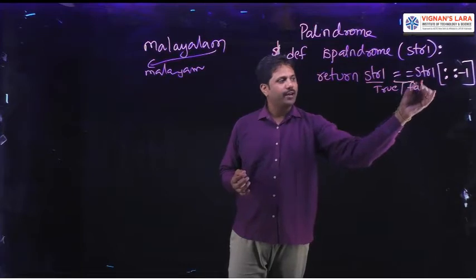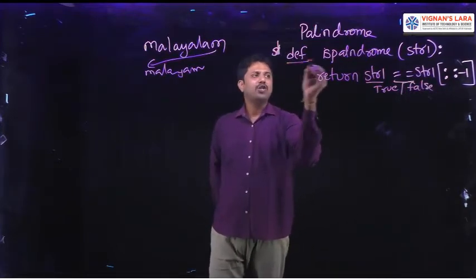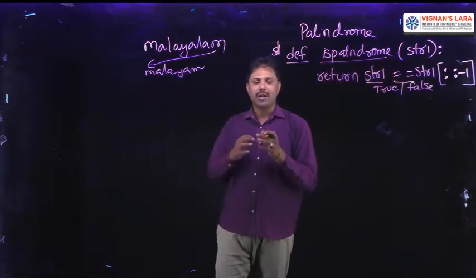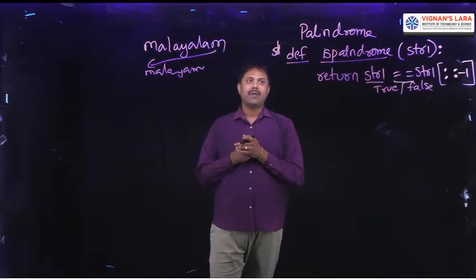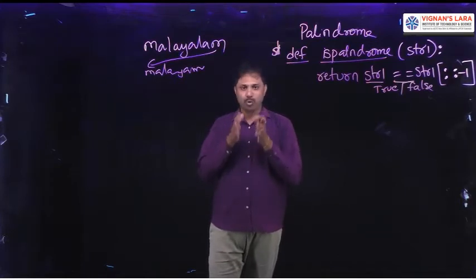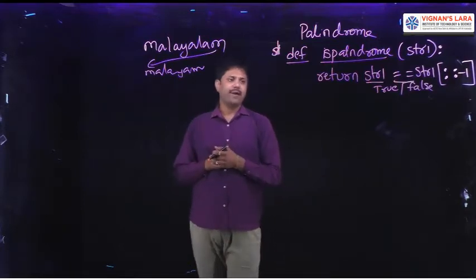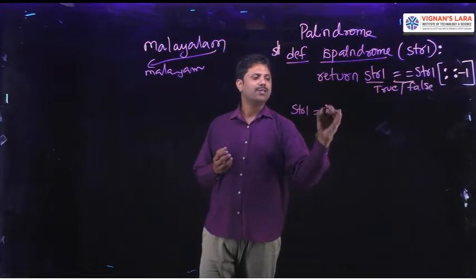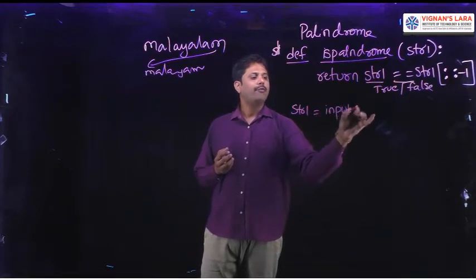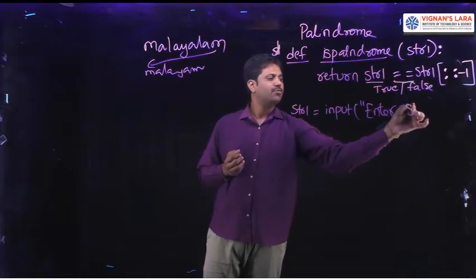If not, it returns false. So finally, this is_palindrome function returns true or false, that means whether the given condition is true or false. This is the function I defined. Now I am taking a string str1 which is equal to input of "Enter string".